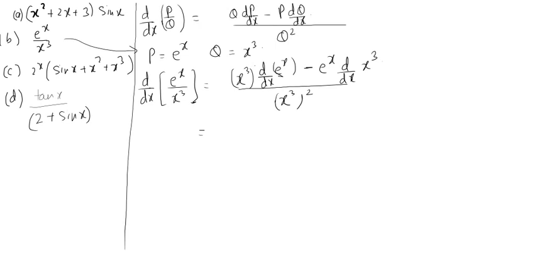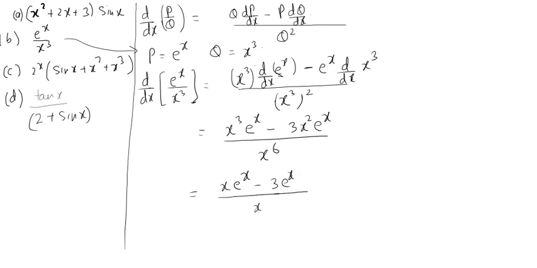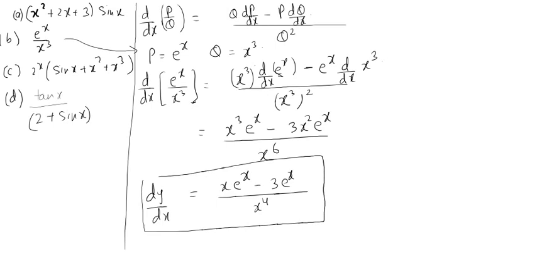So the answer that you will get is x cube, differentiation of e to the power x is e to the power x only, minus, so dy by dx in this case will be x into e to the power x minus 3 into e to the power x by x to the power 4. I hope this is clear to all of you. If you have any doubt in this, please ask.